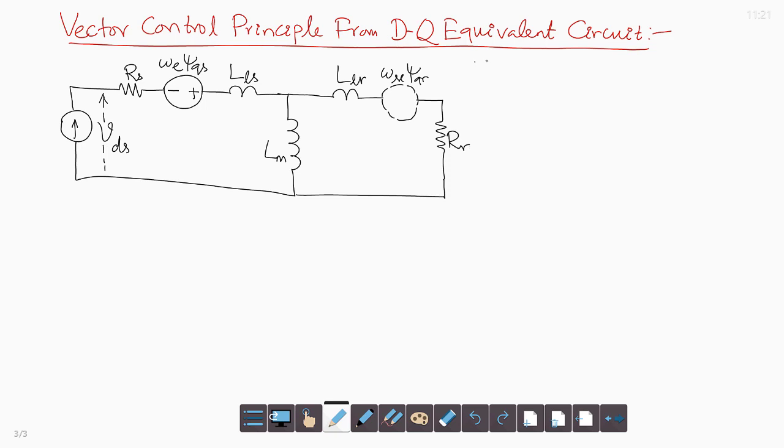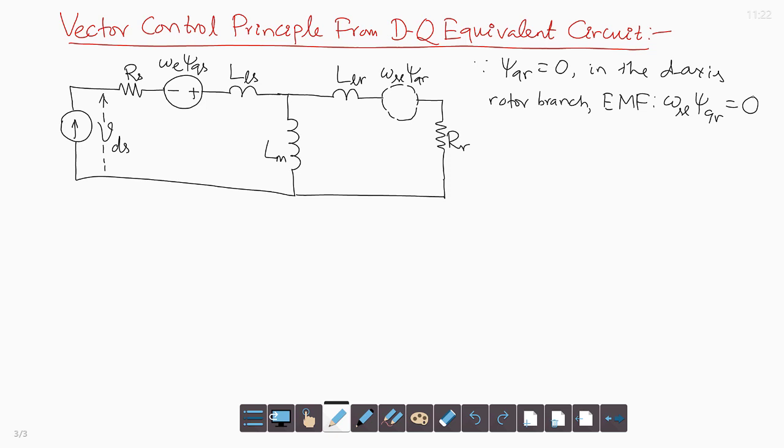Since at vector control psi QR equals 0, so in the D axis rotor branch EMF, that is omega SL psi QR, is 0.